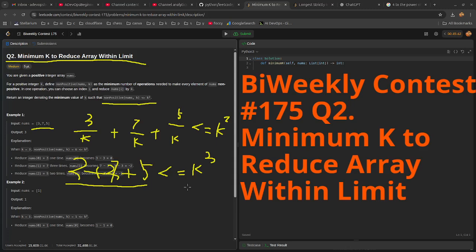And if I reverse it back, I can get a number which is something close to k equal to 2. Of course, this will not be the final answer.